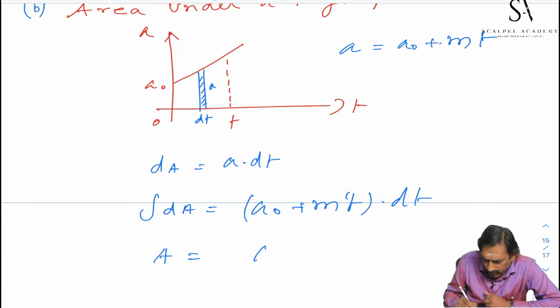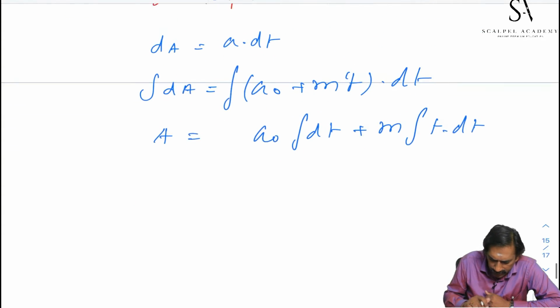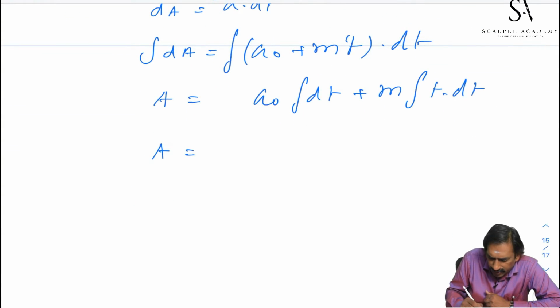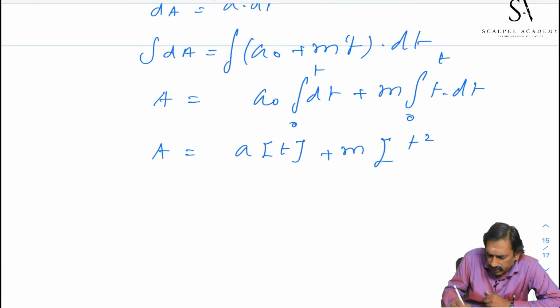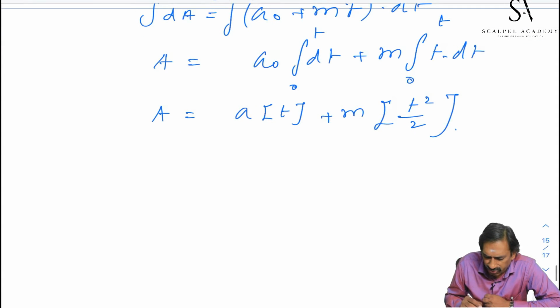This area is equal to a naught integral dt plus m into integral t dot dt, that's equal to a naught into t, 0 to t second, plus m into t square by 2. This is nothing but change of velocity.